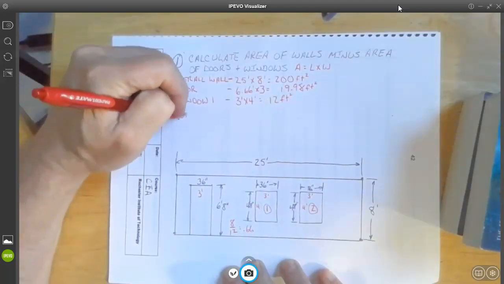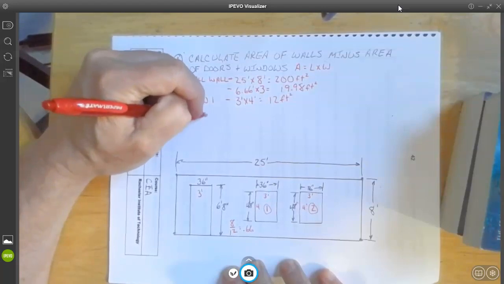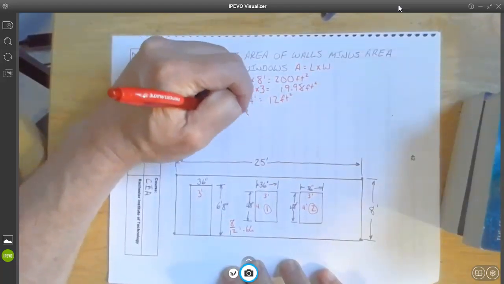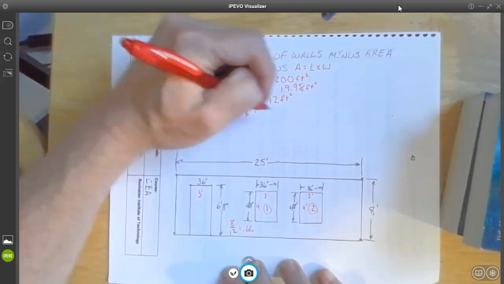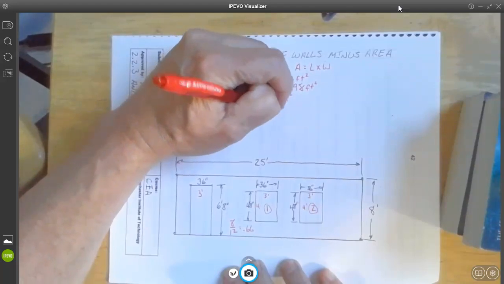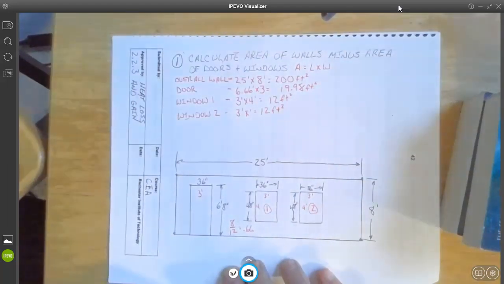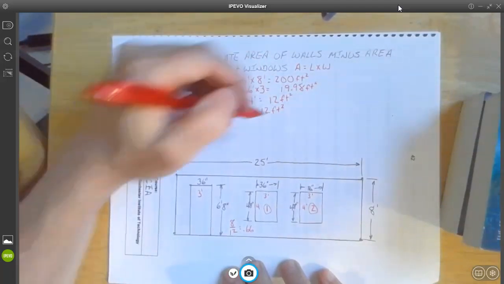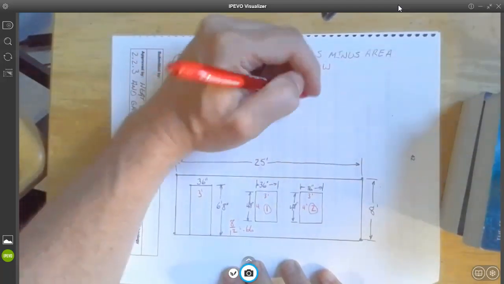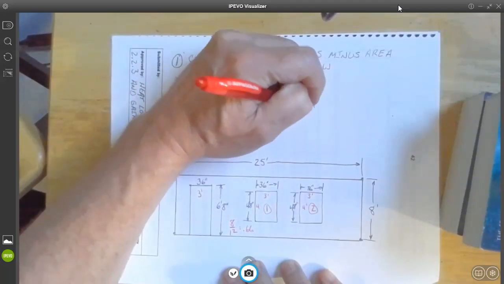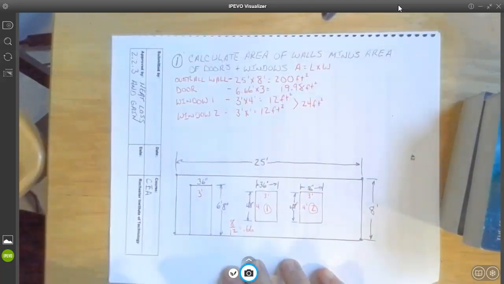Window 2, again, 3 feet times 4 feet, that gives us 12 feet squared. When you take these two windows, because they're two windows, we can add these together. You're going to end up with a total of 24 feet squared.